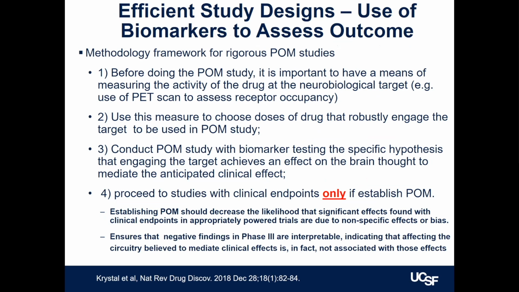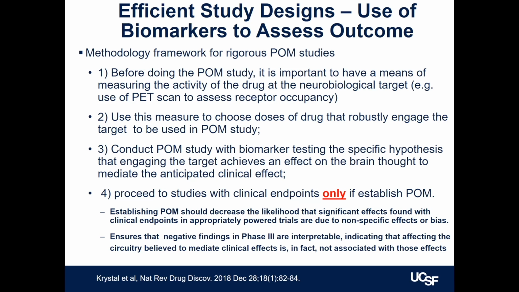An example would be being able to do PET scanning to assess the degree of receptor occupancy. That is the first step in the process, because you need to be able to choose a dose of drug that robustly engages the target. And so in this case, let's say it's serotonin type 2A receptor antagonism, you need to make sure you choose a drug that robustly blocks the serotonin receptors.